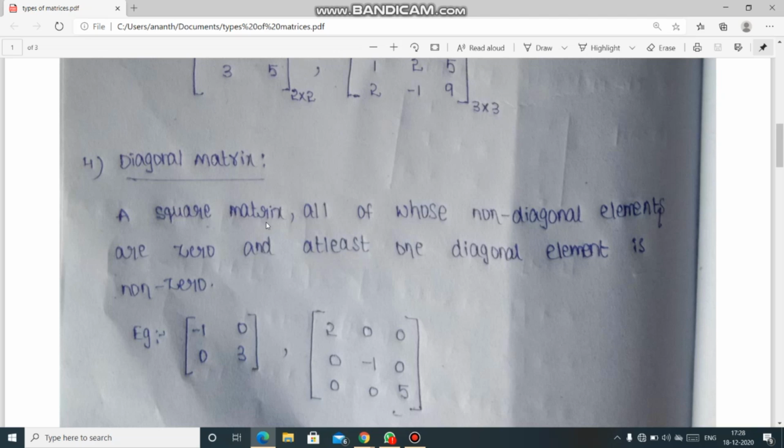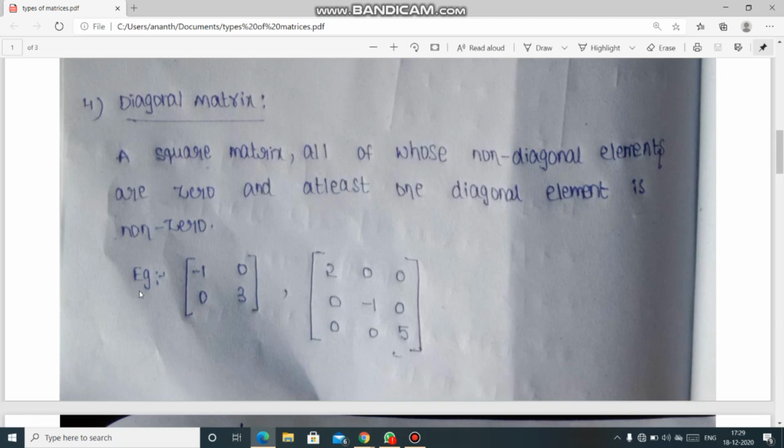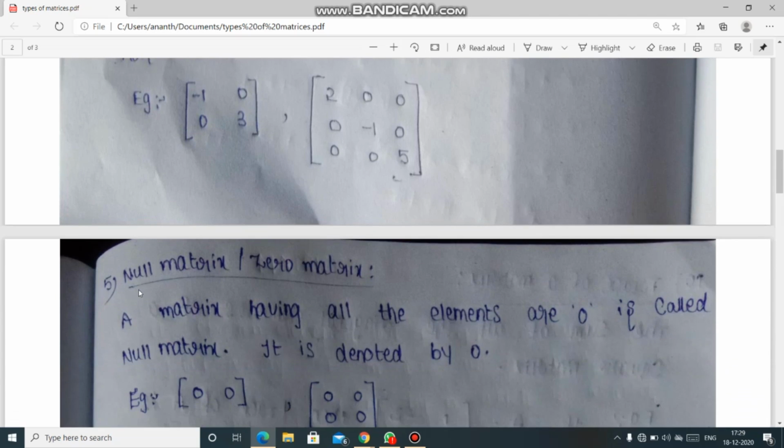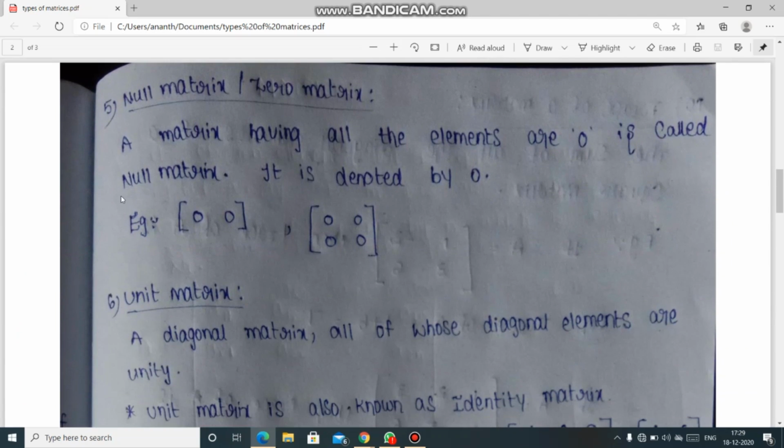It means the number of rows is equal to the number of columns, and all of whose non-diagonal elements are 0. It means except diagonal elements, the remaining are 0, and at least one diagonal element is non-zero. That is a diagonal matrix.